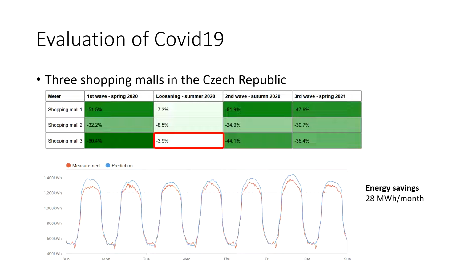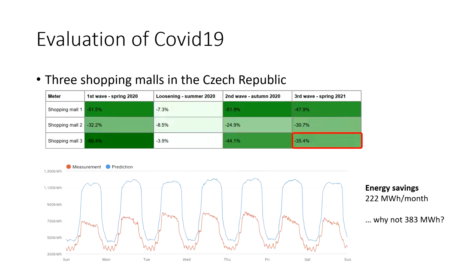And if we jump to the spring 2021, if you would see just this figure, you could say that they were able to achieve nice energy savings. It was like 22 megawatt hours per month. But the question should be why they were not able to save the same amount of energy as they did 1 year before.